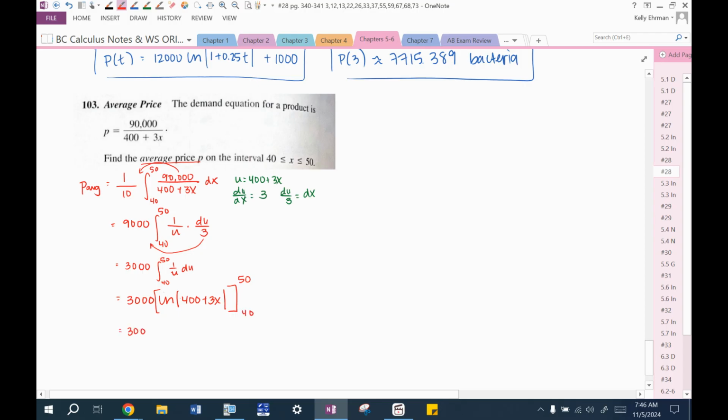So that's 3,000 times the natural log of 400 plus 3 times 50, so 400 plus 150 is 550, minus 3,000 times the natural log of 400 plus 120, which is 520. So that's our average. I'm not going to plug that into the calculator, but I could. That would be the average price over that interval.